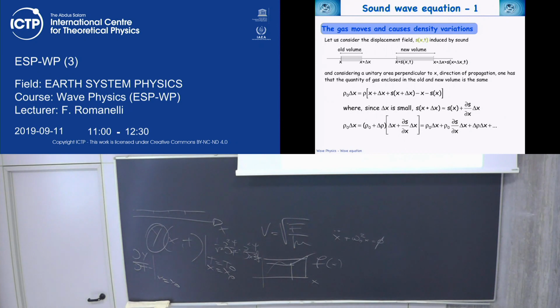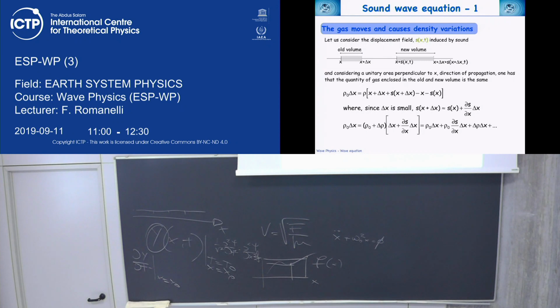Since we're considering a small volume, delta x is small. So the displacement on the other side can be written using Taylor's formula, and as you can imagine, I'm stopping at the first term. So this one is like this, plus the partial derivative of the displacement there. Very nice.